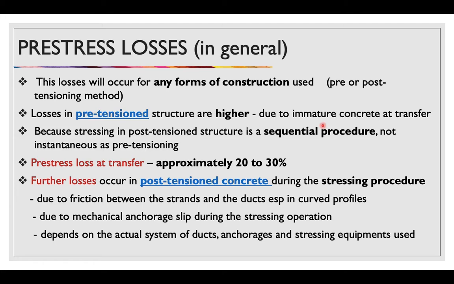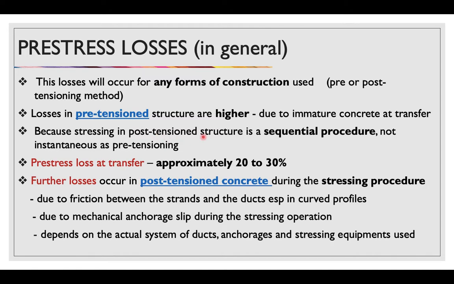So that is why we can see that we have higher losses in pre-tension structures. As for post-tension structures, because stressing is a sequential procedure, which is not instantaneous as in pre-tensioning, right? In pre-tensioning, we are considering the higher losses at transfer.